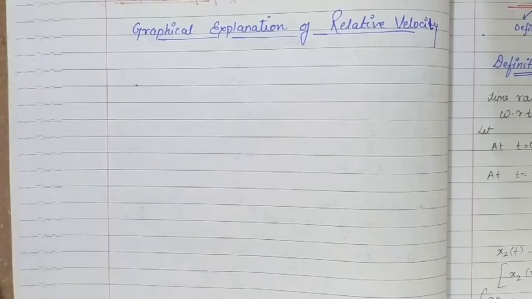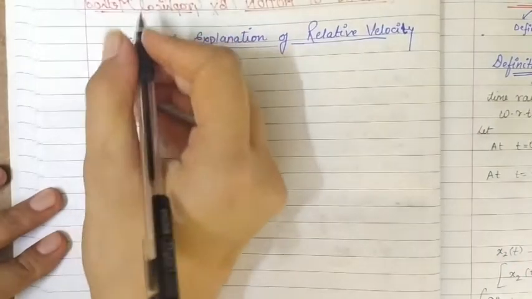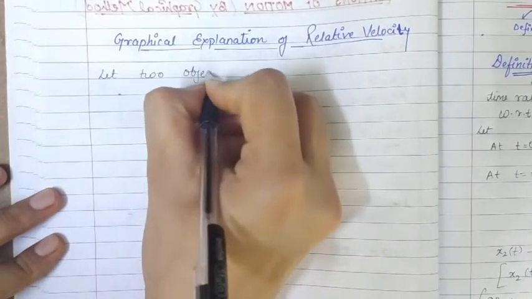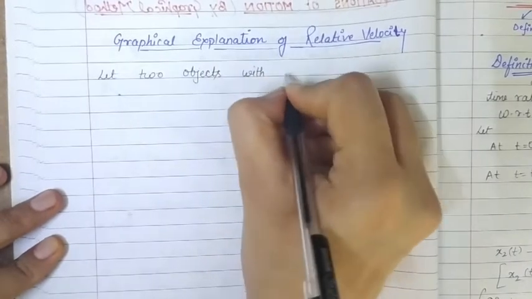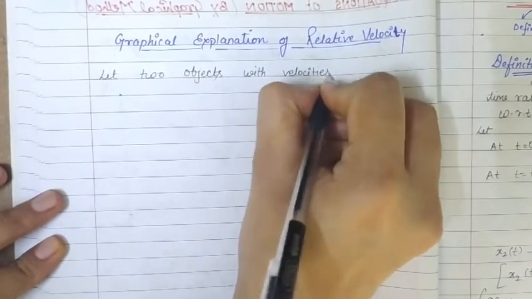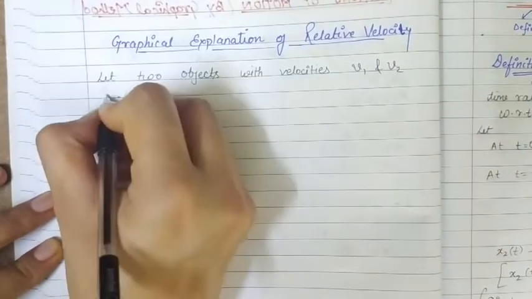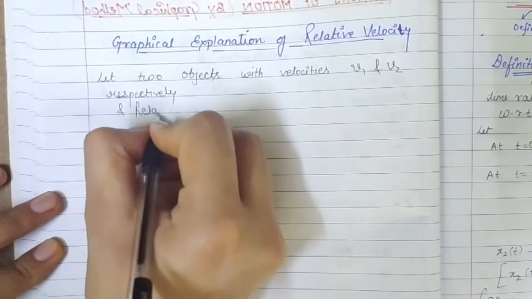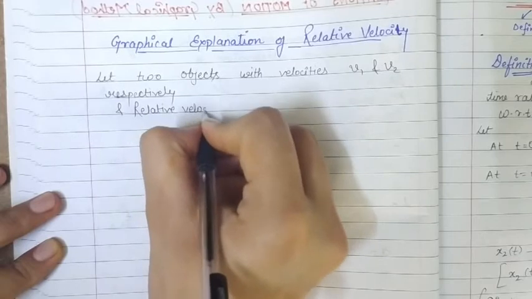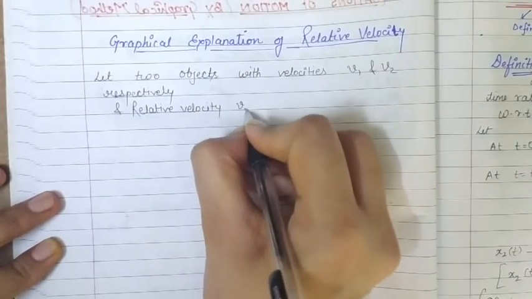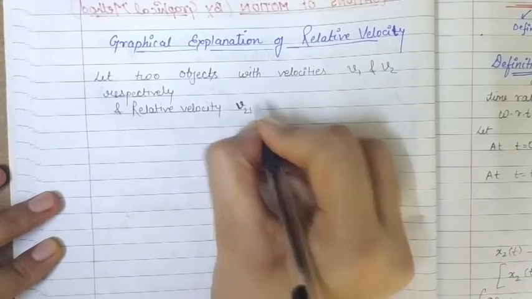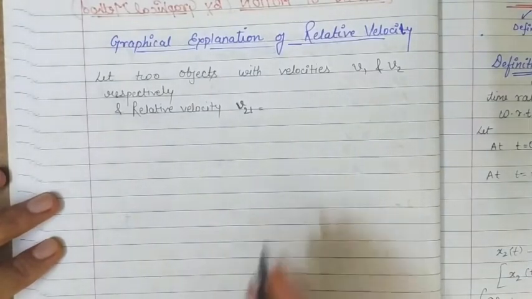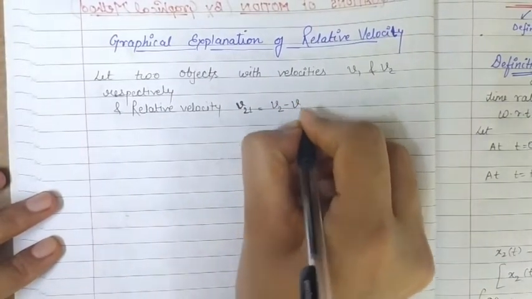So we have two objects 1 and 2 with velocities v1 and v2 respectively, and the relative velocity of object 2 with respect to 1, that is v21, is equal to v2 minus v1.